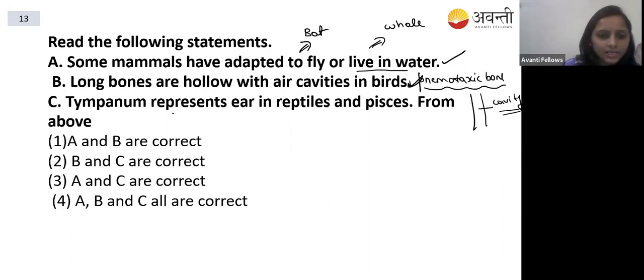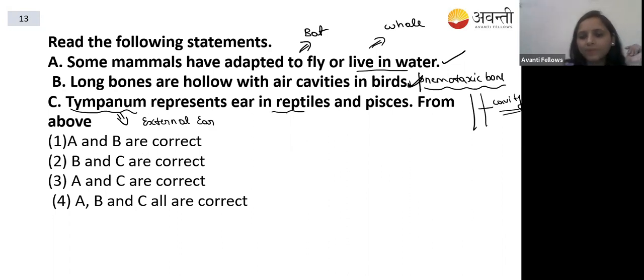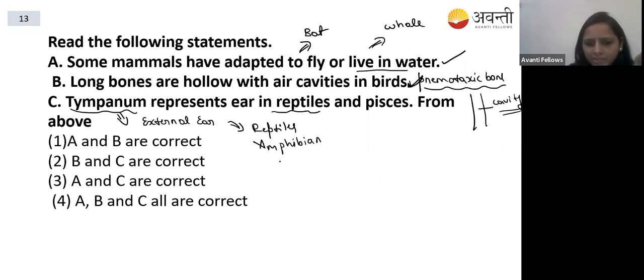Going to the third, tympanum represents ear in the reptiles and pisces. No, guys. Do you know what the tympanum is? We call it the external ear. That is present in the reptiles, in the amphibians, in the mammals, and in the birds also.